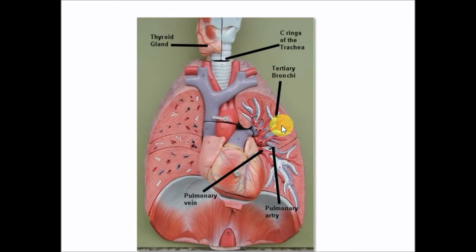On the left side we have 2 lobes and 1 fissure only. Where the heart is pushing on the lung, this creates a notch called the cardiac notch, the curvature produced by the heart pushing the lung.